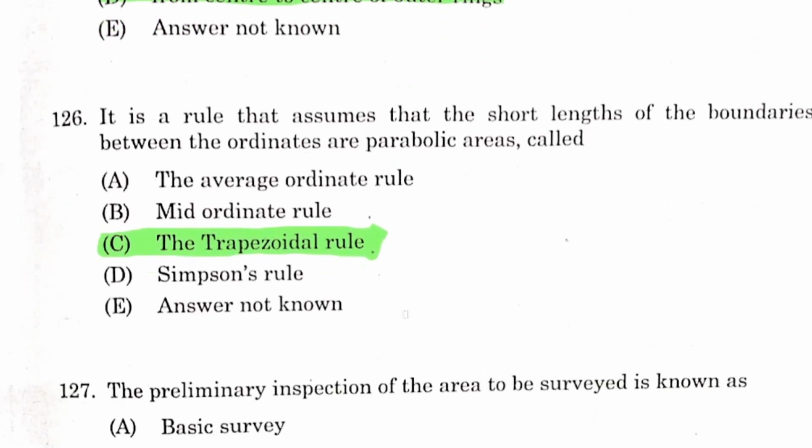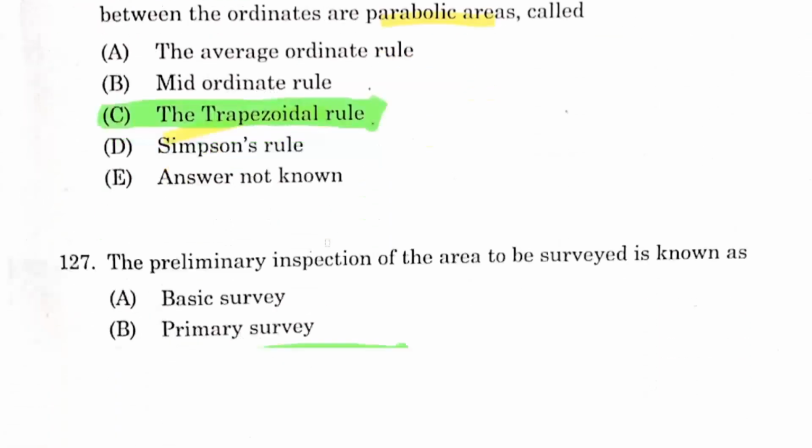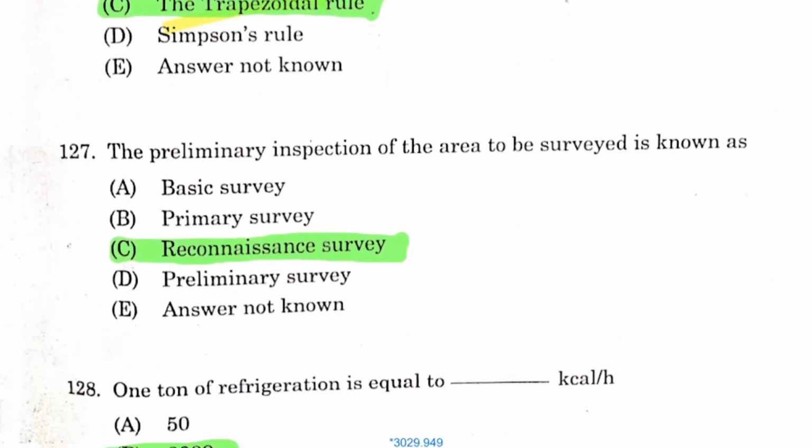Next question number 126. The rule that assumes that the short lengths of the boundaries between the ordinates are parabolic is the trapezoidal rule. Next one is the preliminary inspection of the area to be surveyed, which is known as reconnaissance survey.